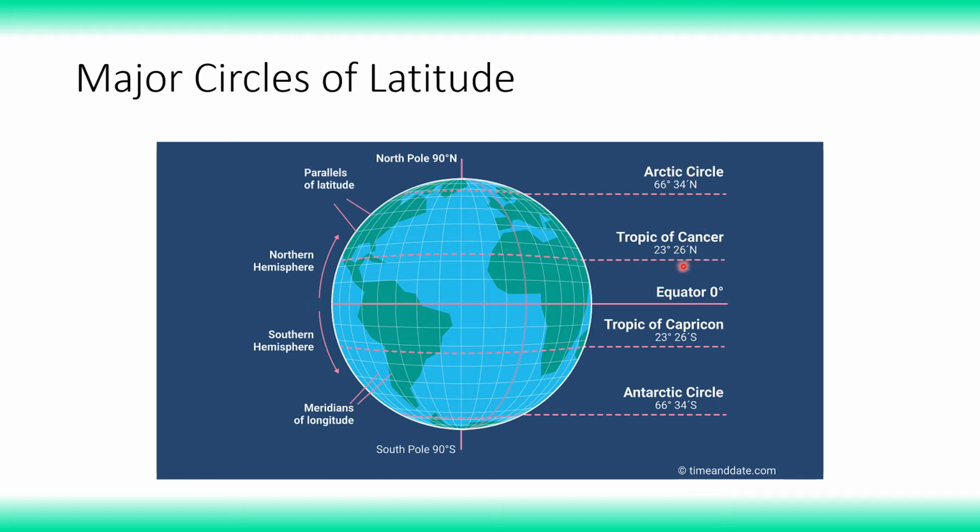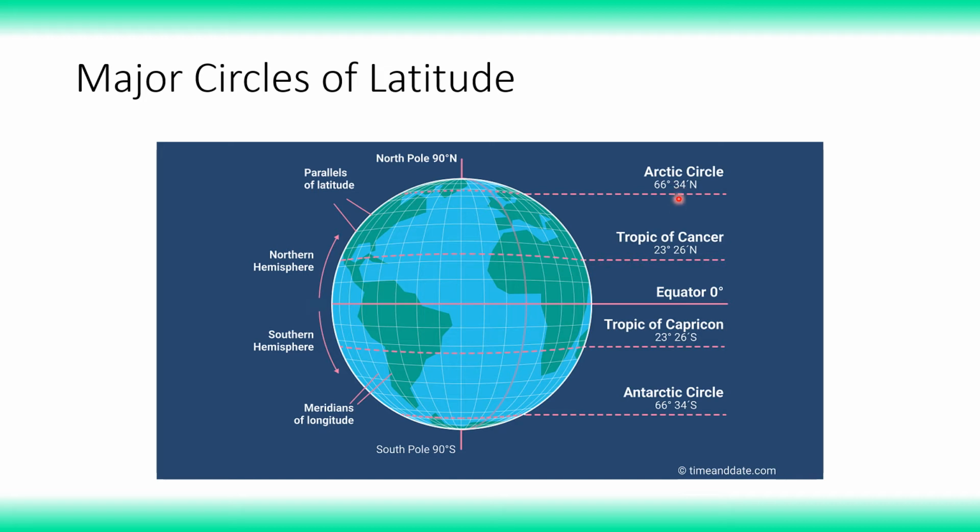Just to let you know, each degree can be divided into 60 little pieces, just like an hour is divided into 60 minutes. We call these arc minutes, with a little tick mark instead of a degree symbol. So this is saying 66 degrees and 34 minutes of a degree.